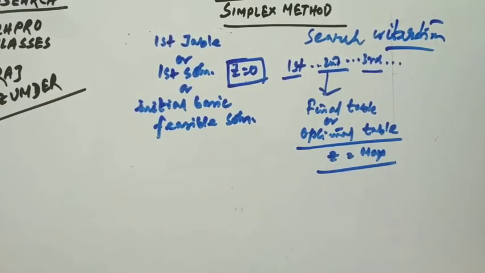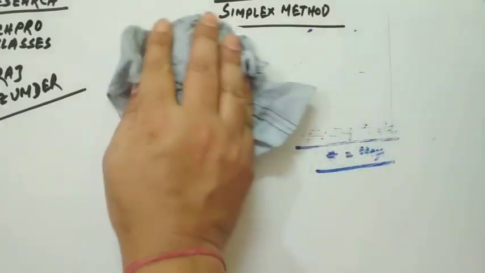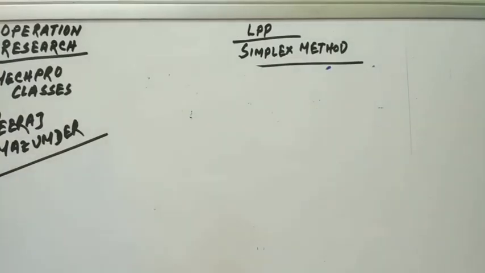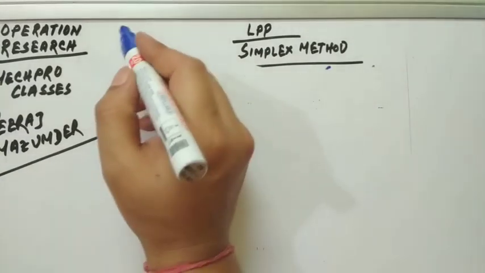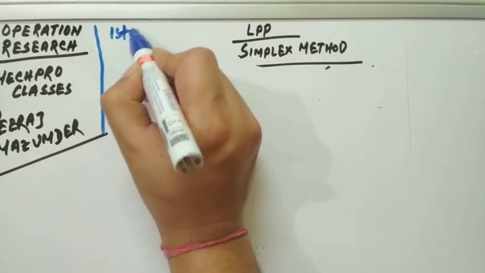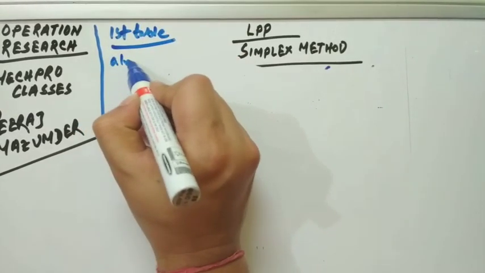Now let us start with the problem or solution. We have to draw the first table. The first table always starts from the origin.